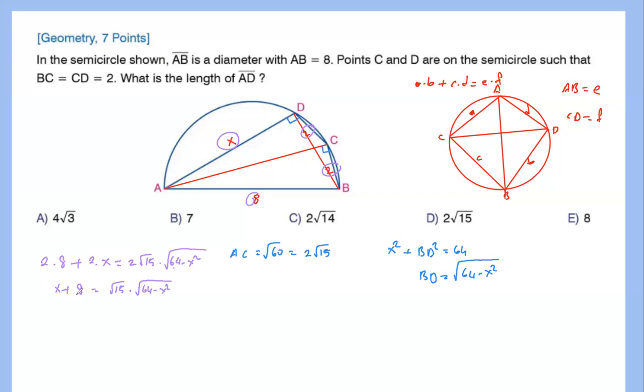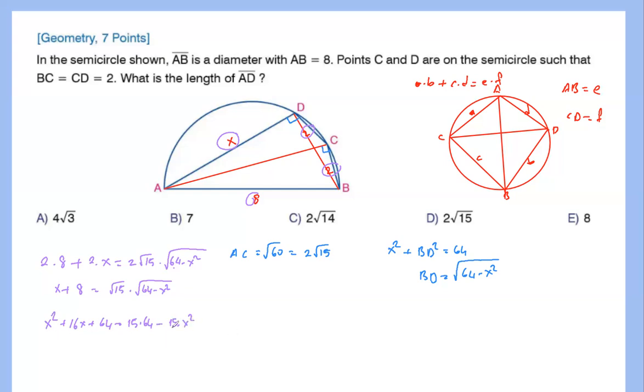And it's not nice to deal with the radical, so I can square both sides. If I square x plus 8, I will get x squared plus 16x plus 64. And if you square, the radical will be gone. So you will get 15 times 64 minus 15 times x squared.